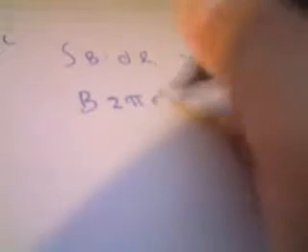So B times 2 pi r is equal to mu naught, and I is the current over r. So the magnetic field between the shells will be B equals mu naught times the current over 2 pi r over resistivity.